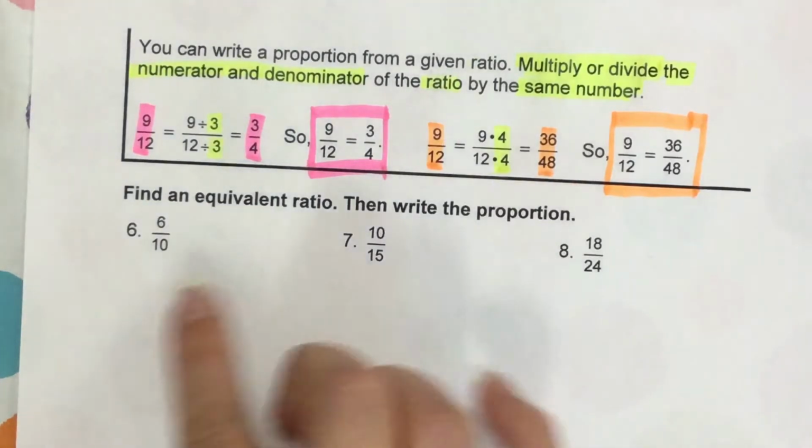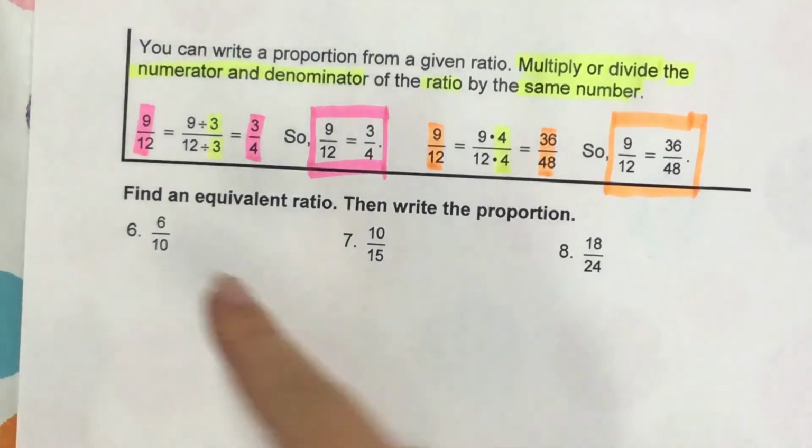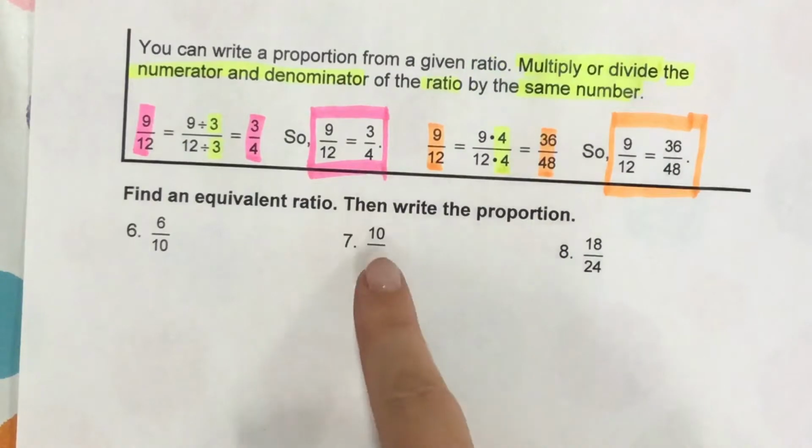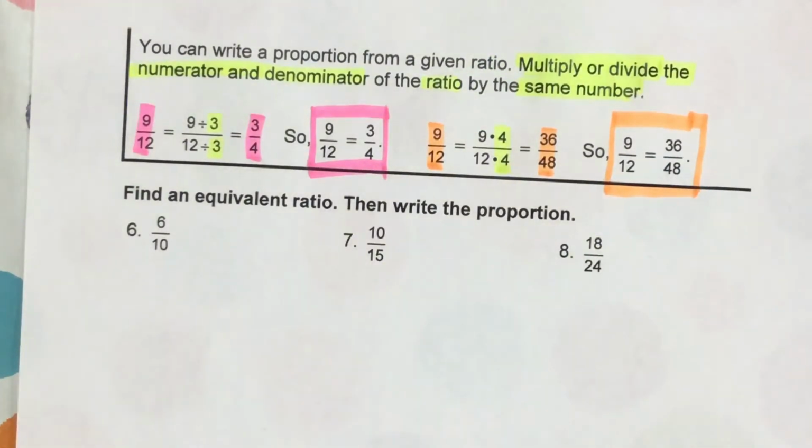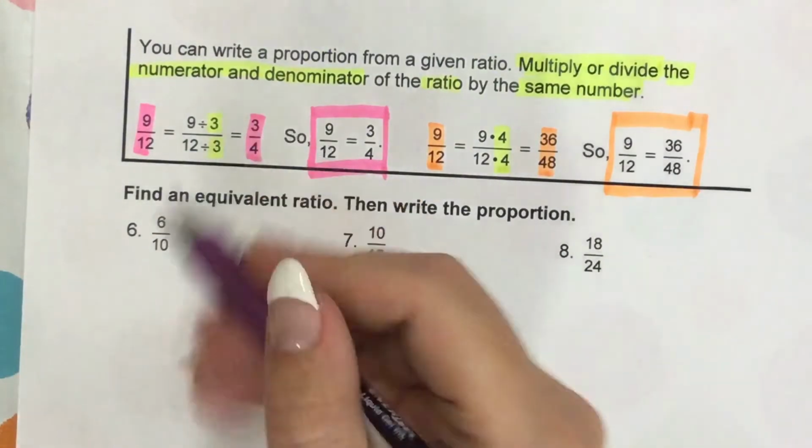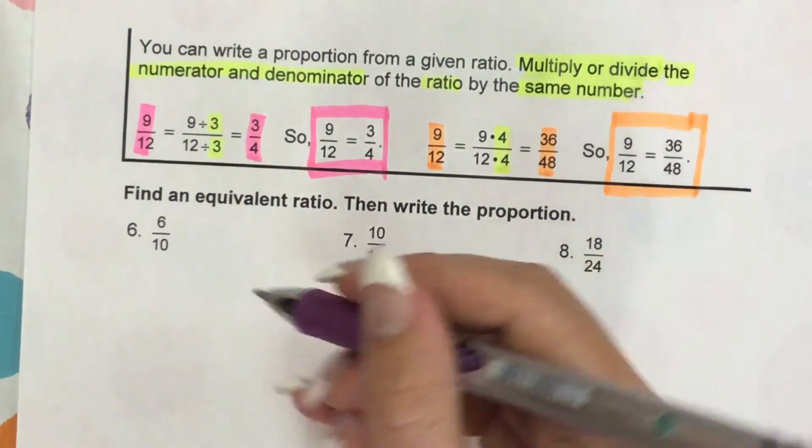So what we're going to do with these problems right here is we're just going to find an equivalent ratio and then write the proportion. So we can either multiply or divide the top and the bottom by the same thing. So when I'm looking at this one, 6/10, I'm seeing that they're both even.